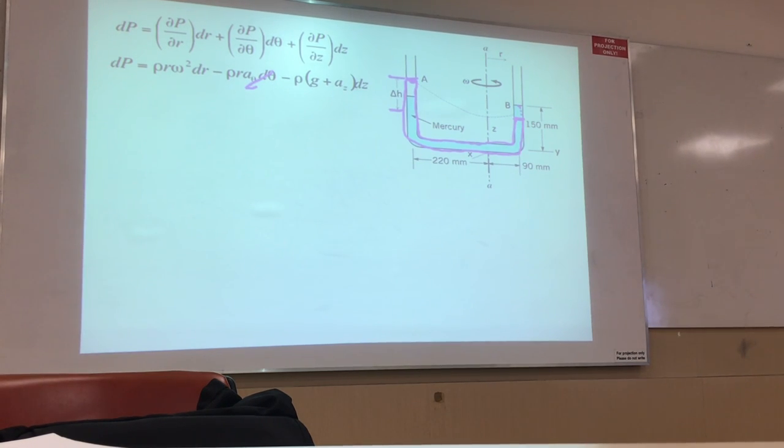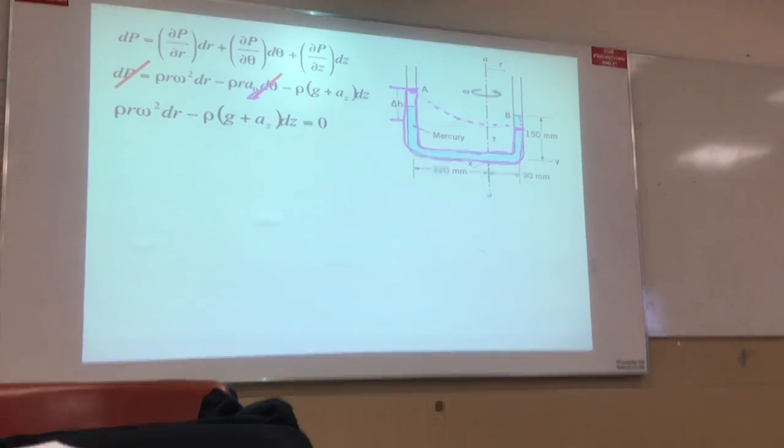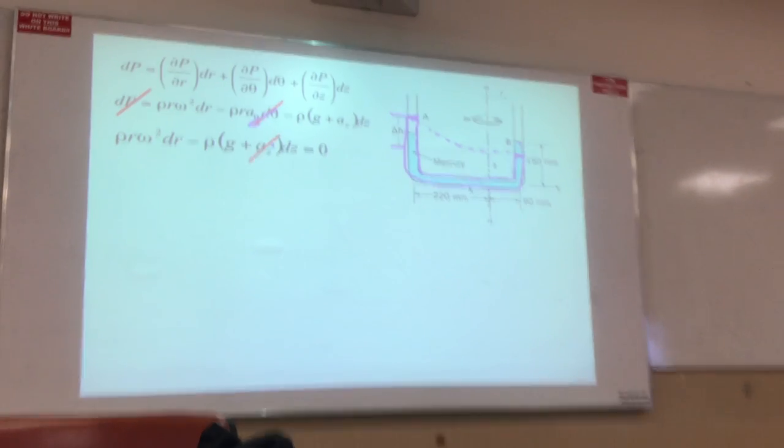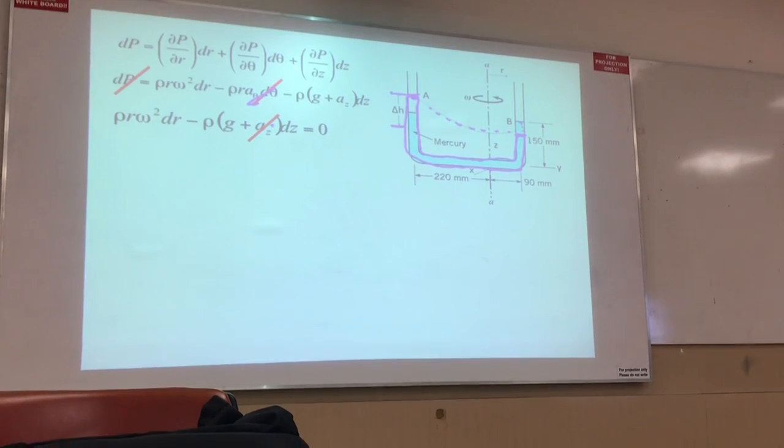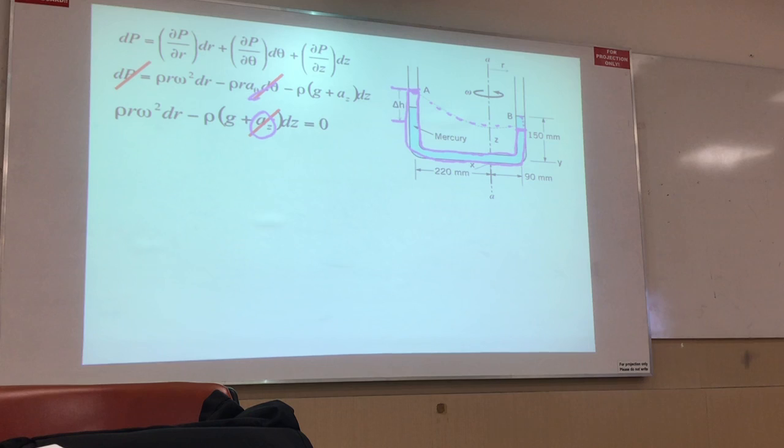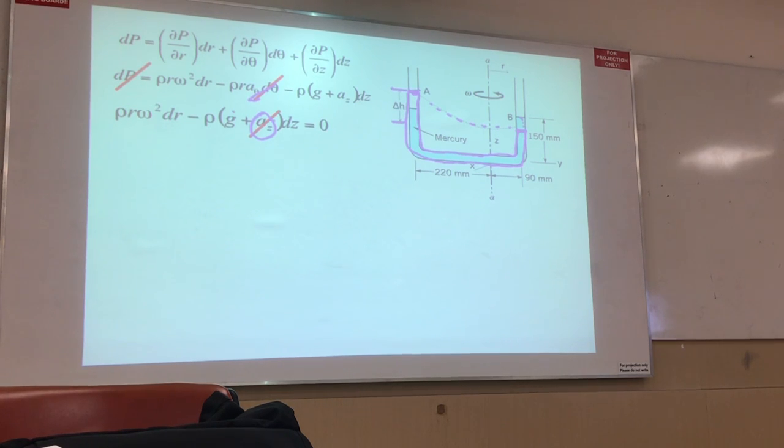75 mm is given. So now, what do I do? Delta P is 0 because of the constant pressure line. So this one also 0. There is no acceleration in the Z direction, 0. So g is present and this is present, right?